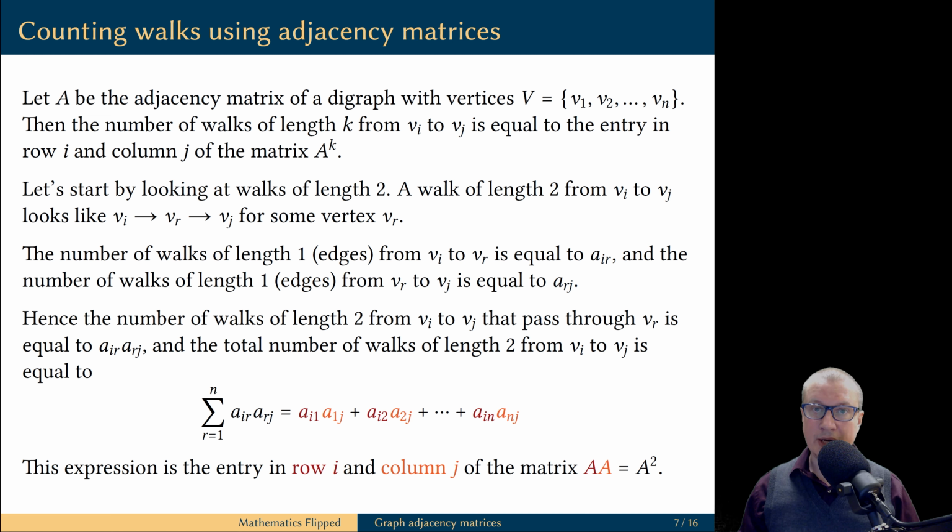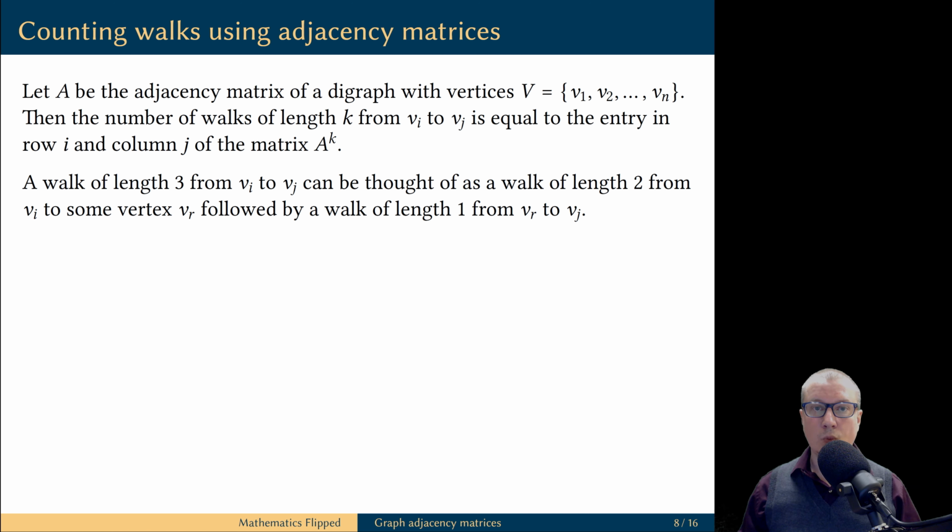We multiply matrix A by matrix A, so we take row i of the first copy of the matrix A, we take column j of the second copy of the matrix A, and this expression is the entry in position i, j of the product matrix, and the product matrix is the square of the matrix A. So this proves that the number of walks of length 2 from Vi to Vj is equal to the entry in row i, column j, of the matrix square of A.